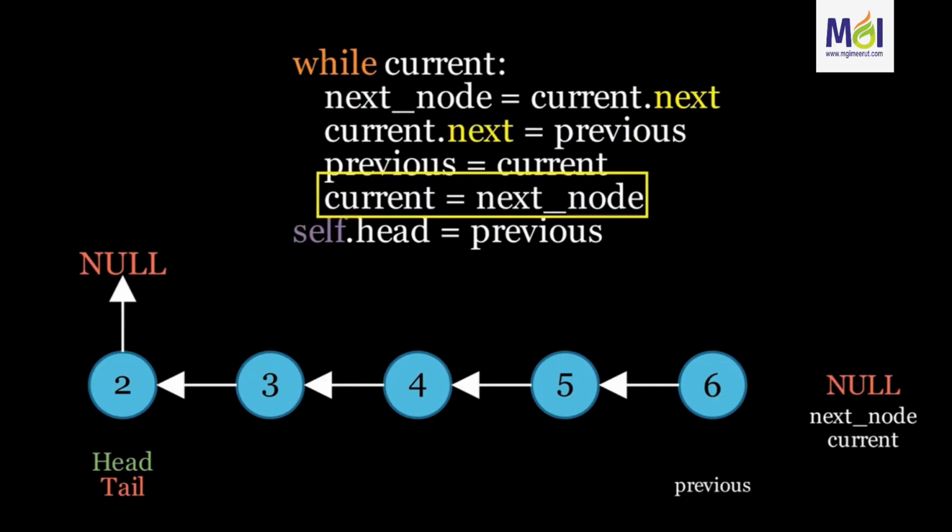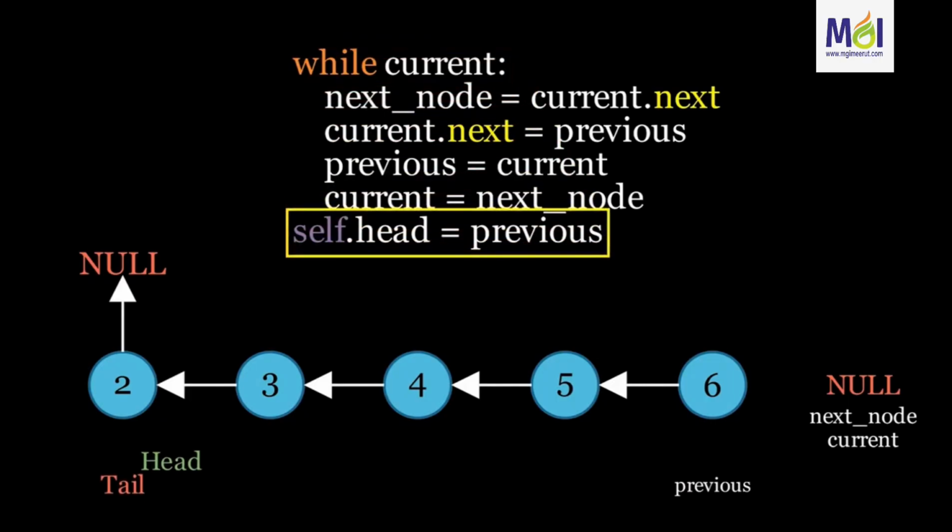Once current becomes none, the loop will break. Finally, we will update the head to point to previous, which is now the new head of the reversed list.